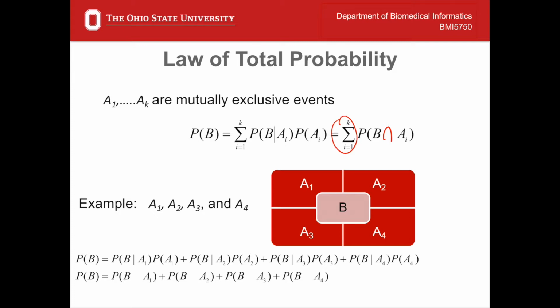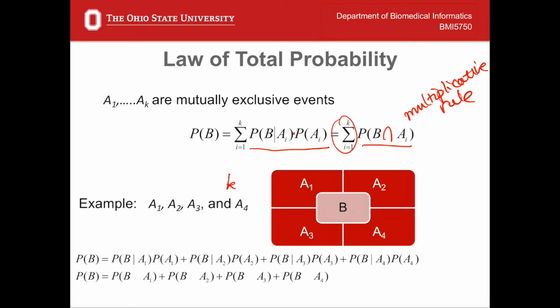That's because the probability of B intersection Ai equals the probability of B given Ai multiplied by the probability of Ai. This came from the multiplicative rule of probability.